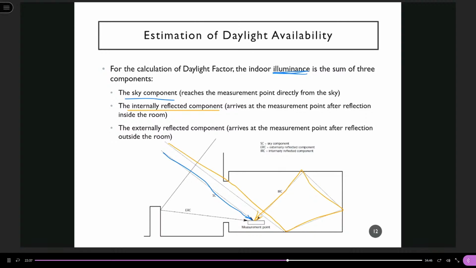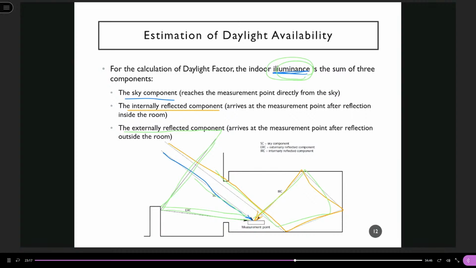And we may also have the externally reflected component. So the skylight hits the opposite obstruction and is then received by the calculation point. So the illuminance, the lighting level, will be the sum of direct skylight, internally reflected skylight, and externally reflected skylight.